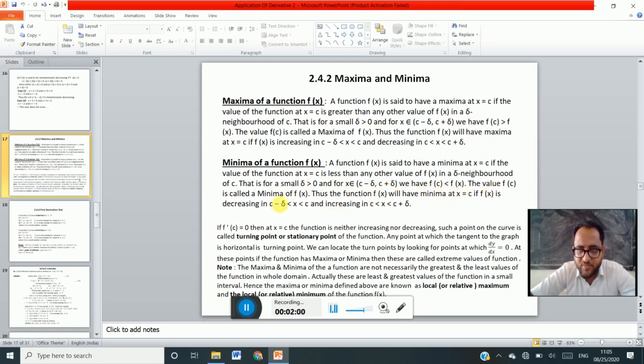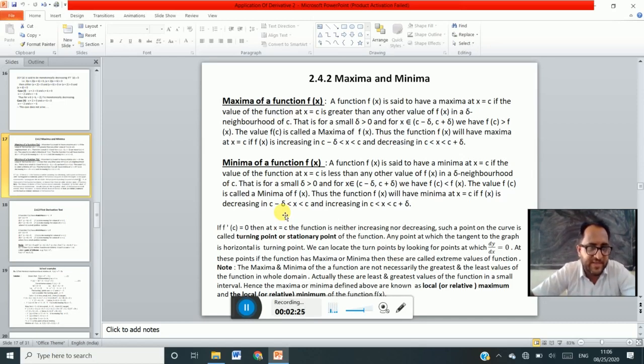The value of f of c is called the minima of f of x. Thus, the function f of x will have a minimum at x equals c if f of x is decreasing in c minus delta less than x less than c and increasing in c less than x less than c plus delta. Right. So how do we find the maxima and minima values?